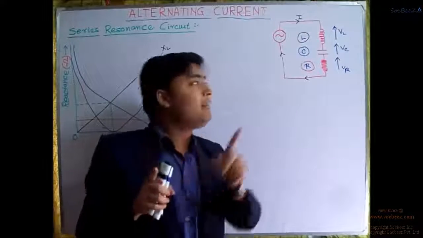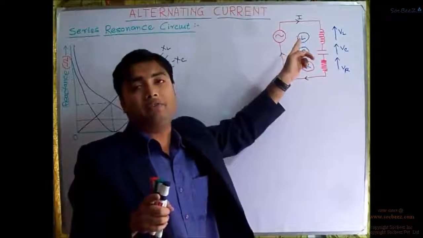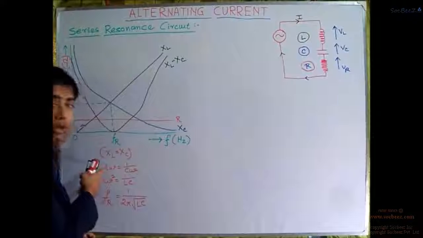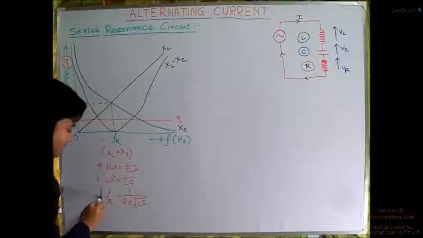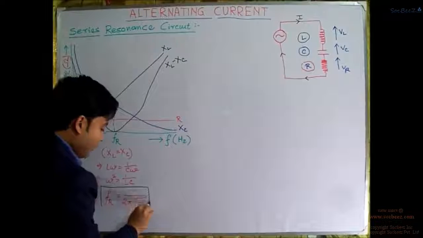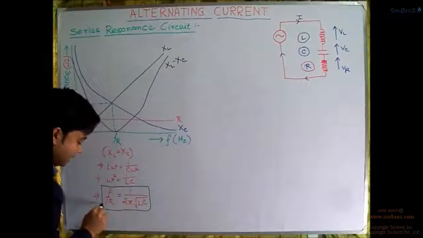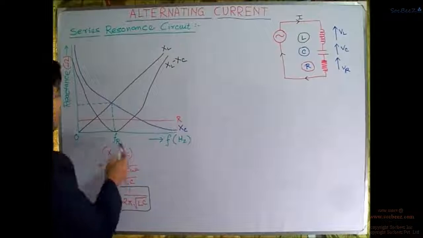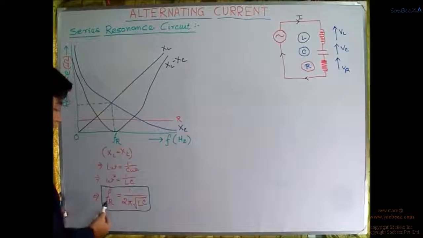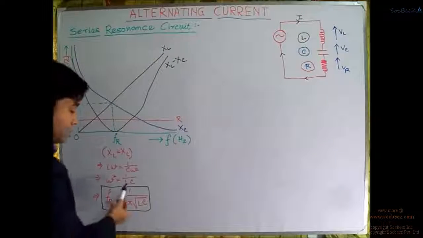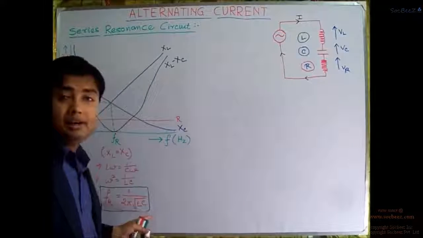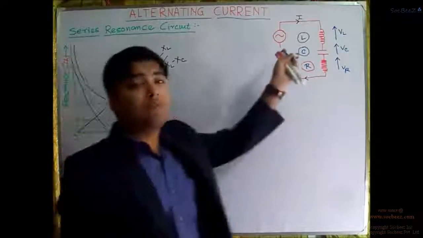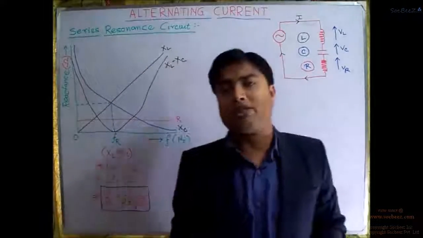Right? But it has got an inductive reactance that is equal to L omega, and we did find out over here that at this Fr, XL was cancelling out this XC, which means that this Fr will simply be equal to 1 divided by 2 pi under root of LC, where L is the value of the self-inductance and C is the value of the capacitance. Right?